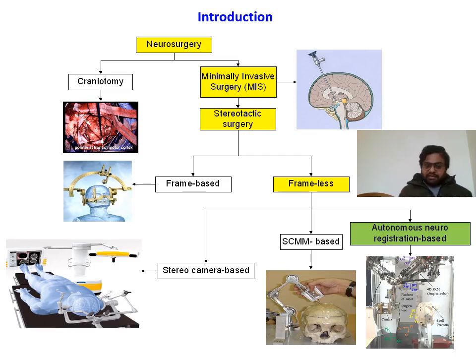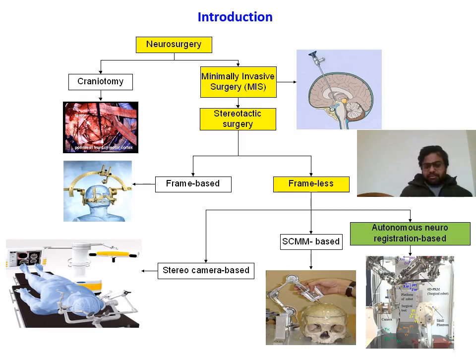On the other hand, there is something called the surgical coordinate measuring mechanism, which was developed in BRC by our group, and this system measures the fiducial markers one by one. The third one, called the autonomous neuro-registration based system, was developed by me in my PhD.